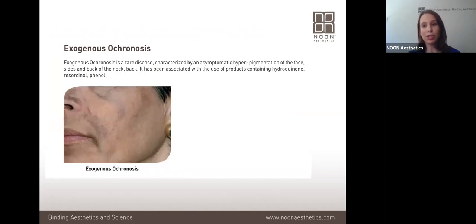This is also, unfortunately, a case of what's called exogenous ochronosis, which is a hyperpigmentation, but it's not treatable. And the reason for it is uncontrolled use of hydroquinone or resorcinol, phenol.